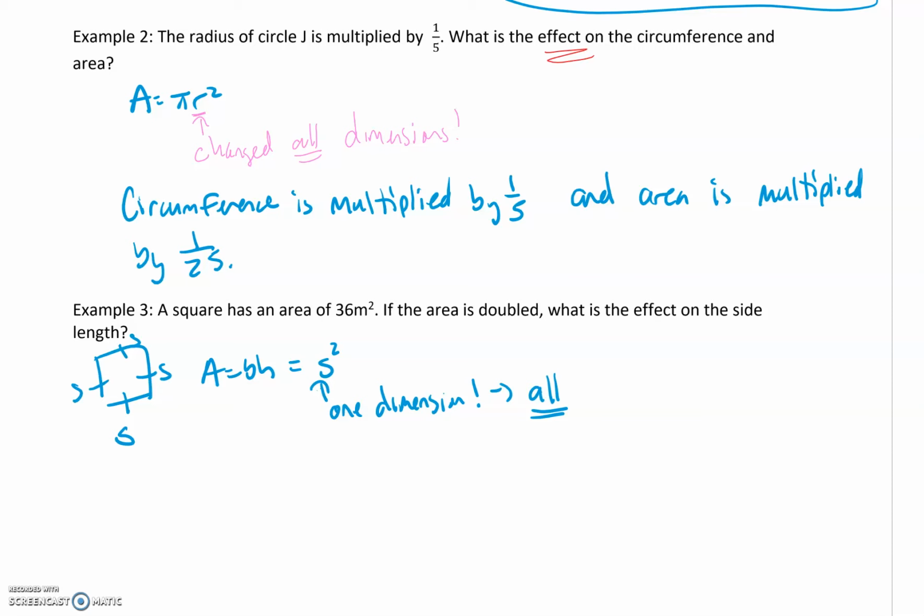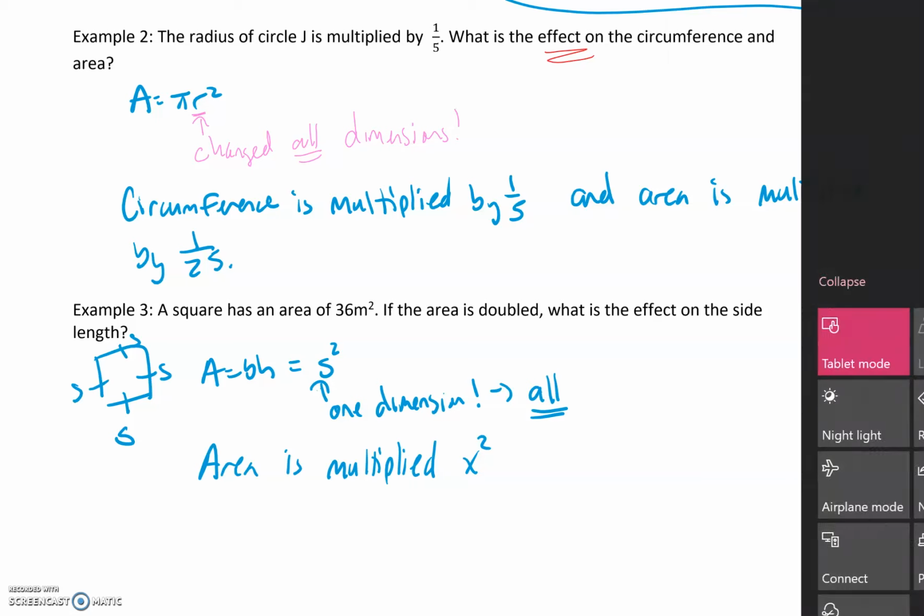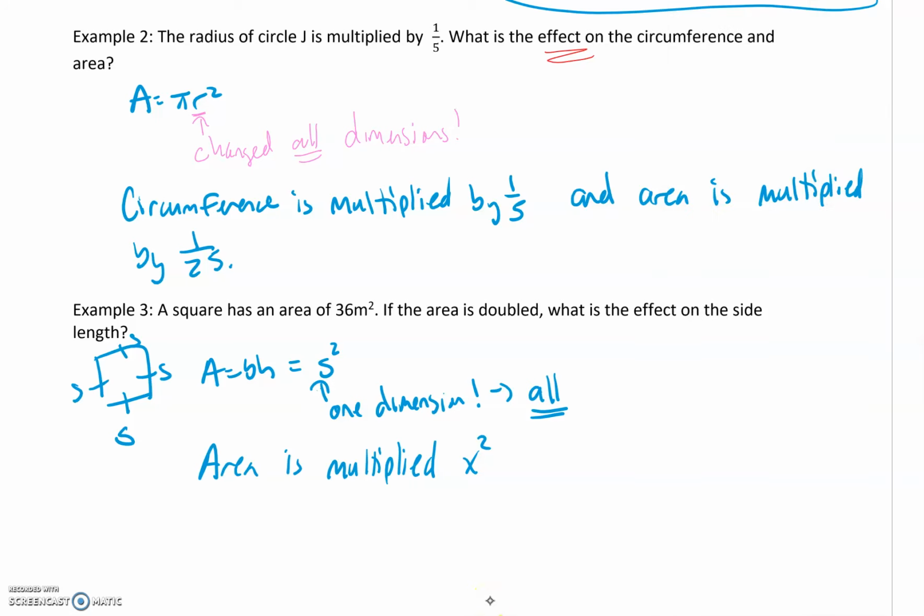So if we go back and look, we want to think about what's the effect on area if we've changed all the dimensions. We said area is multiplied by some factor, I'll call that x squared. So basically we have your original area, which is 36, and our new area, which is 36 times 2, which is 72.